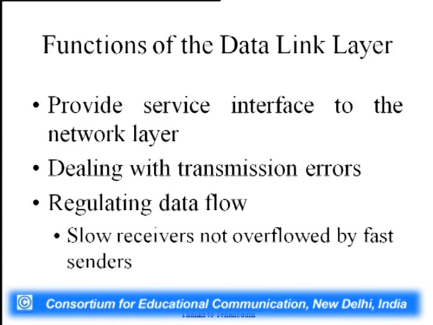Now, what are the functions of the data link layer? One of the primary functions of the data link layer is to provide a service interface to the network layer. That means, for those who are doing some programming, this layer must provide a set of functions or some mechanism or interface, so that if anybody is developing a protocol at the network layer, they can use the services of the data link layer.